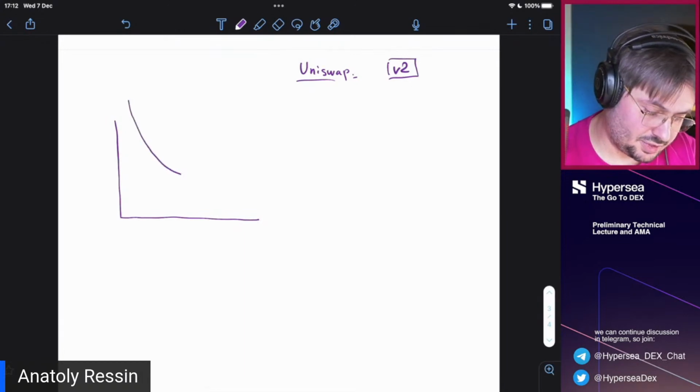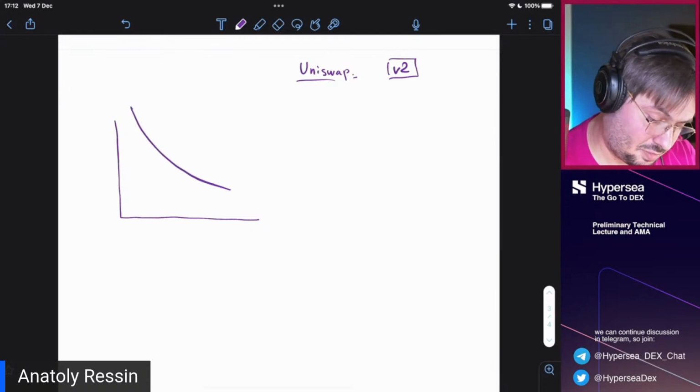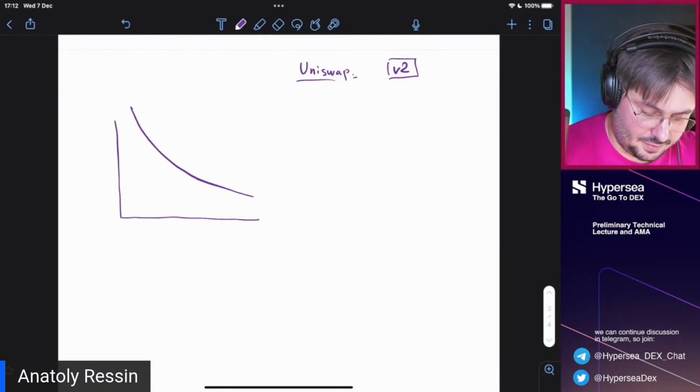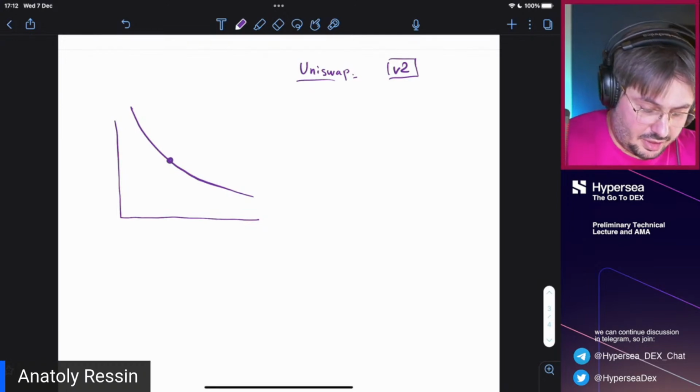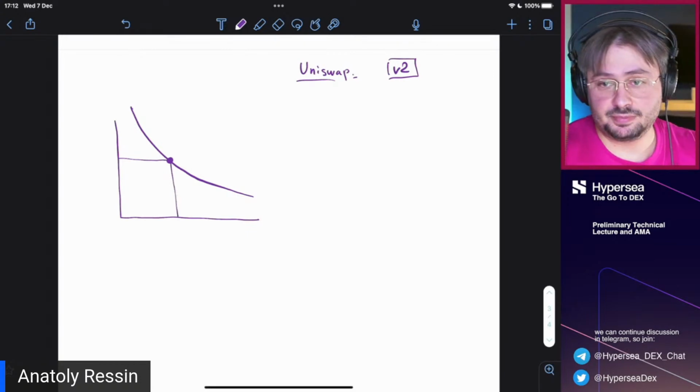It just said that we will have a curve, and we will have reserves.